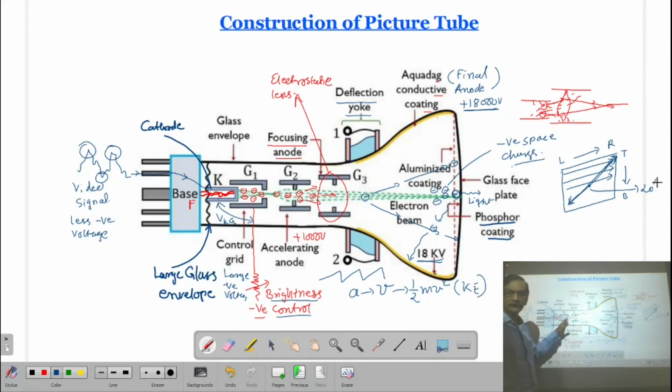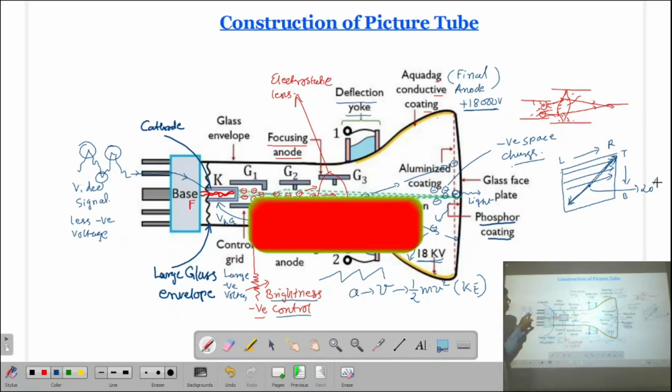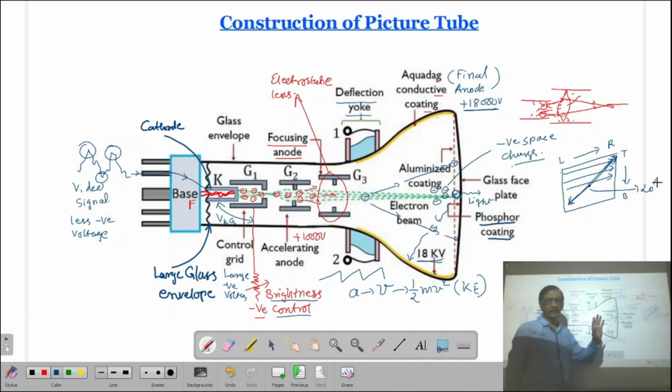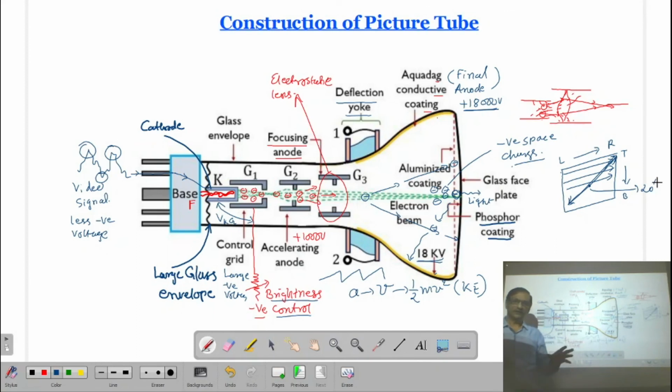Three different electron guns will be there, for red color, green color, and blue color, and they are combined on the screen and produce different combinations of color. In that case, there are three different input video signals for red, green, and blue. Remember, they are then combined on this screen. So this is about the construction of a picture tube.